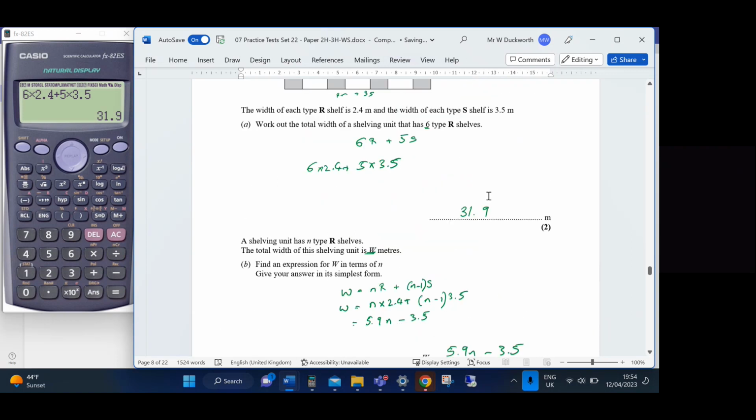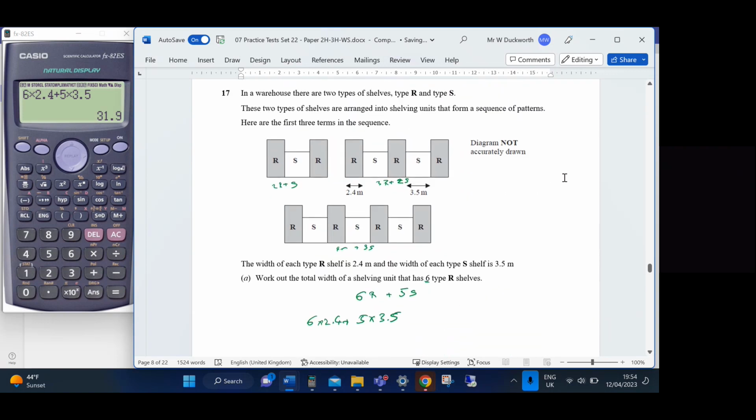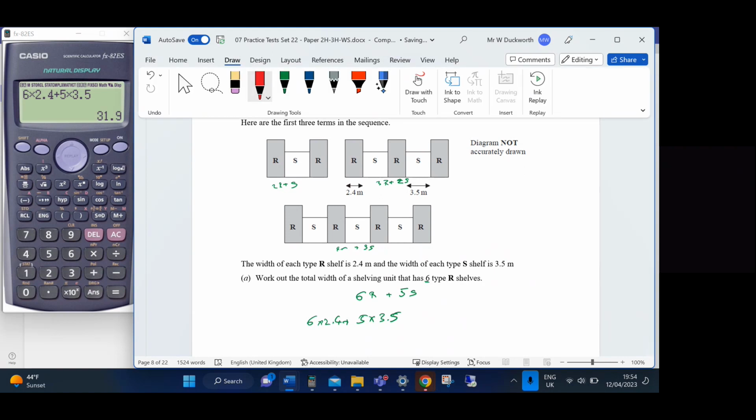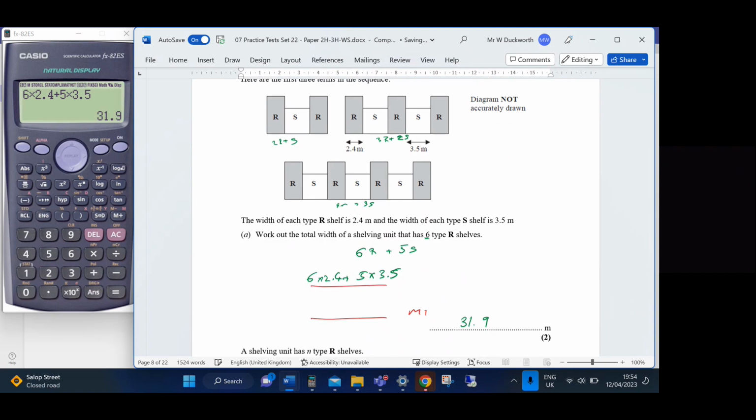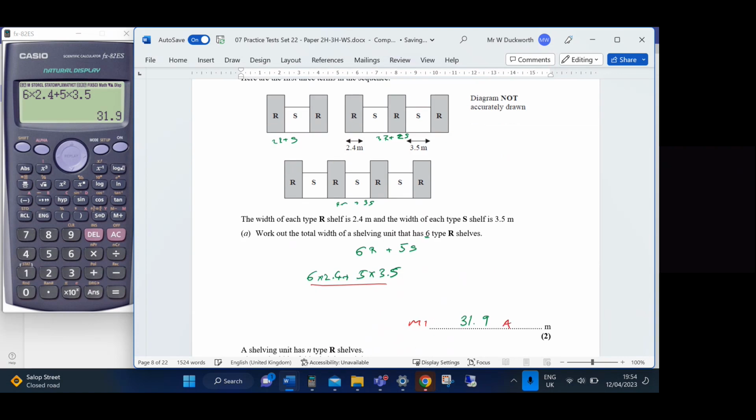Right, if I go to the mark scheme then. So question 17, where are we? Okay, so it's M1, no description, but an M1 for that, followed by an A1 for the answer. Just put that in the right place.